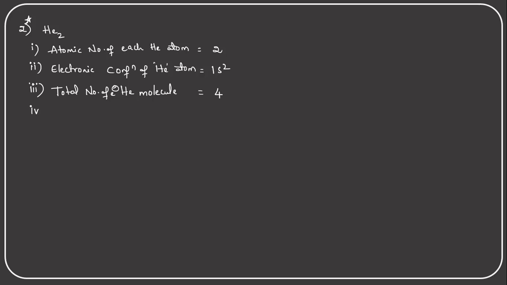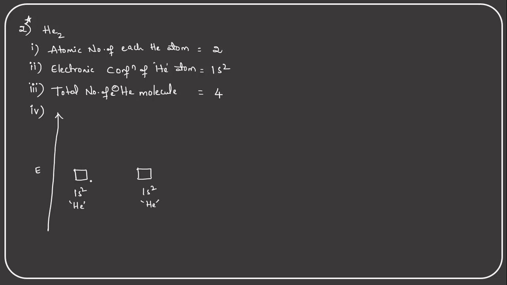And what is the fourth point now? The fourth point is the construction of the energy level diagram. Helium has the 1s2 electronic configuration. We only write the outermost orbital, so 1s2 is the outermost orbital for the helium atom. So these are the pure atomic orbitals of the helium atoms, right?